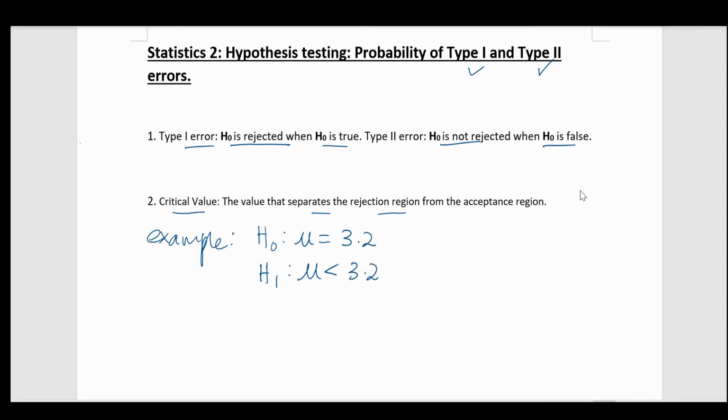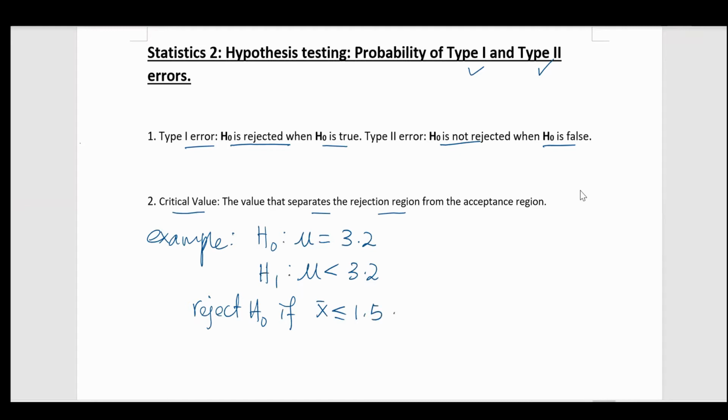In the question, it has to give you the critical value, or what we call the critical region, in terms of X bar. So reject H null if X bar is less than or equal to, let's say, 1.5.